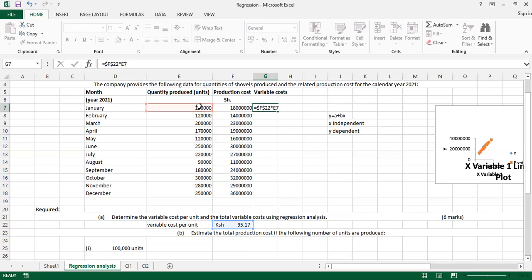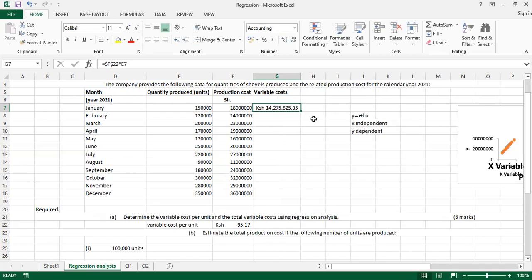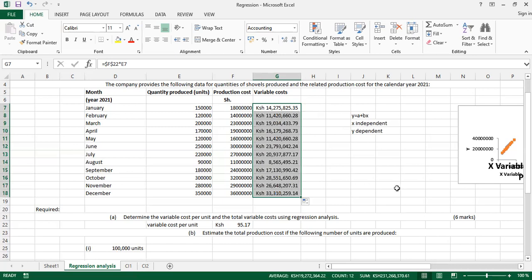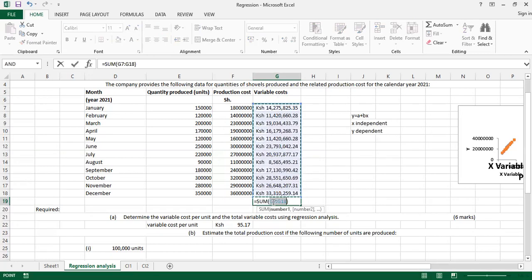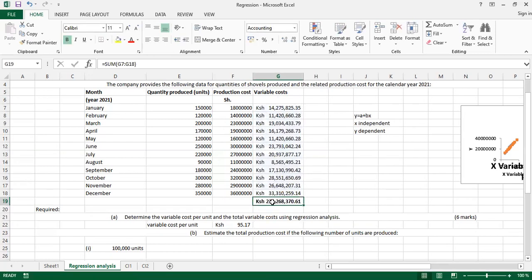Control enter. So that is our total variable cost per month.